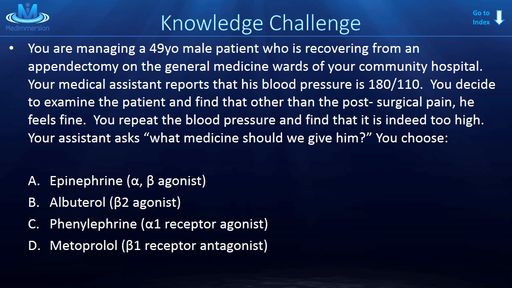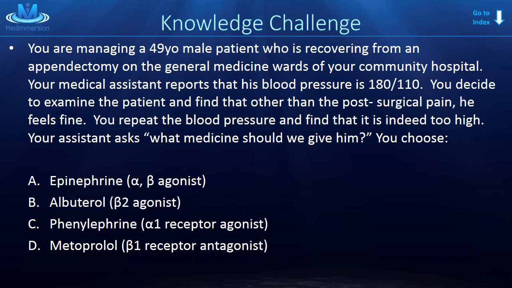And other than a little post-surgical pain, he feels fine. He's eating, he's drinking, watching TV. You repeat the blood pressure and you find that it is a correct number. It is still about 180 over 110. And your assistant turns to you and says, hey, what medicine should we give him? What should we do? What do you choose?